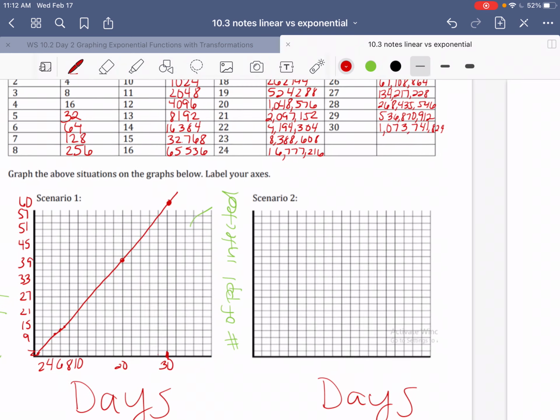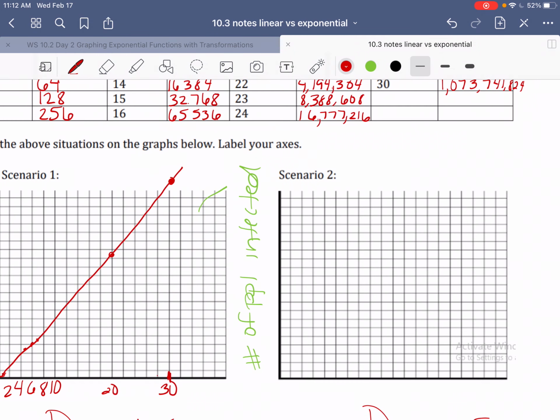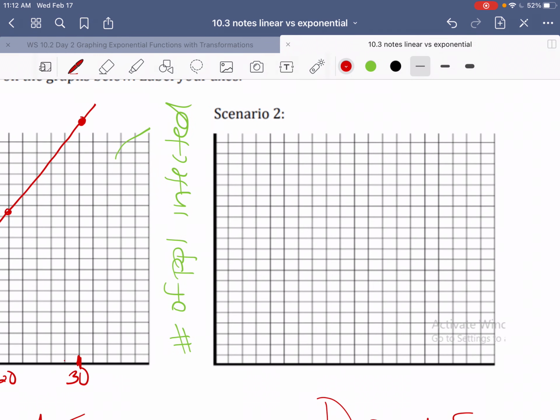To graph this one would be incredibly difficult and take a long time, so we're just going to do a rough sketch here. We're going to say this is 1,000, 3,000, 5,000, 6,000, 8,000, 10, 12.